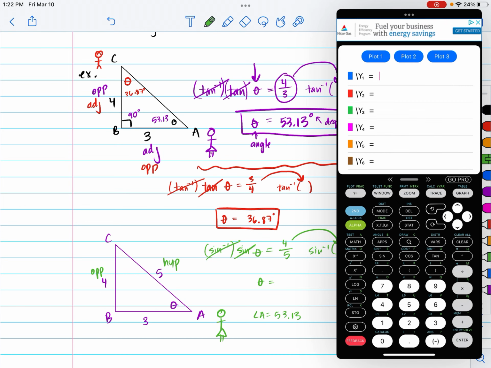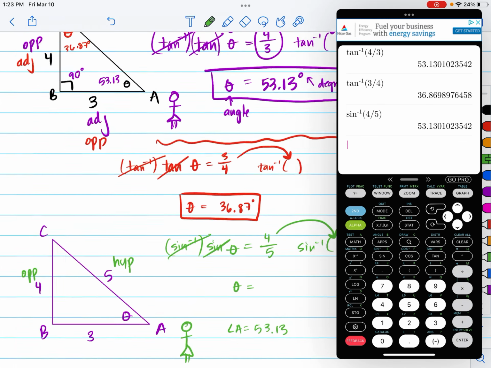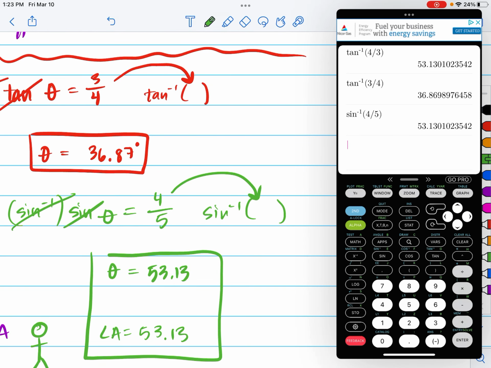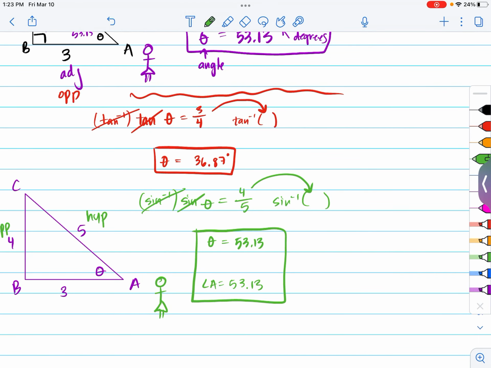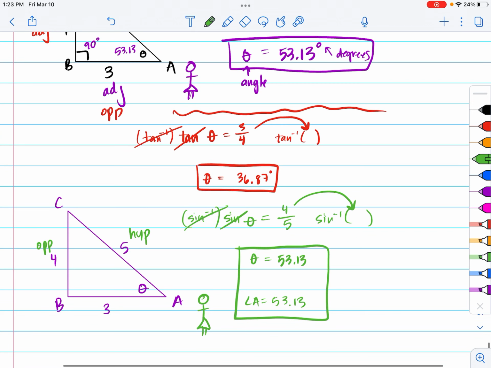Inverse sine of 4 divided by 5, close parentheses, is equal to 53.13. So we absolutely did this correctly. 53.13. So no matter what, if you did this correctly, if you use sine instead of tangent, like we did in the original problem, it would still work out.